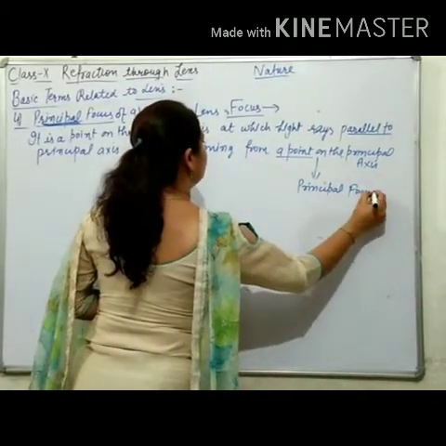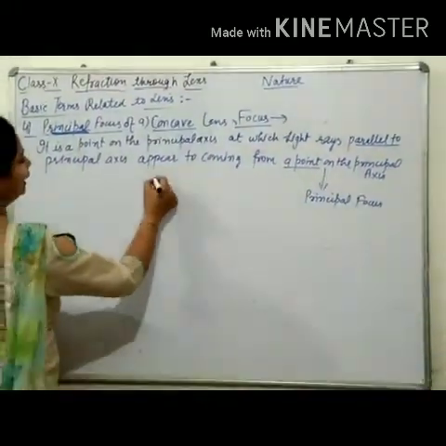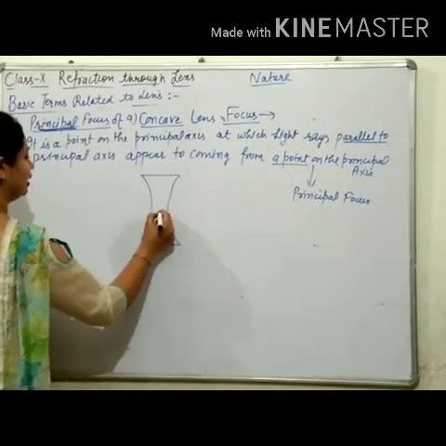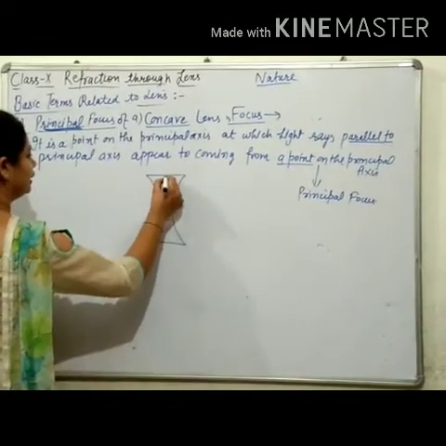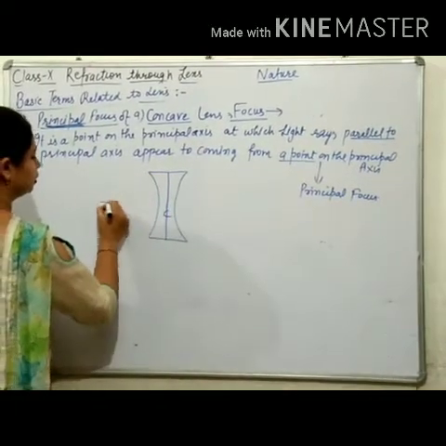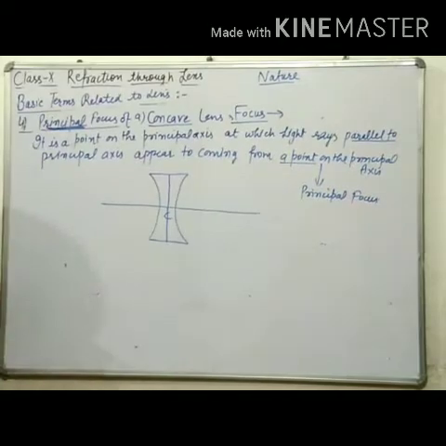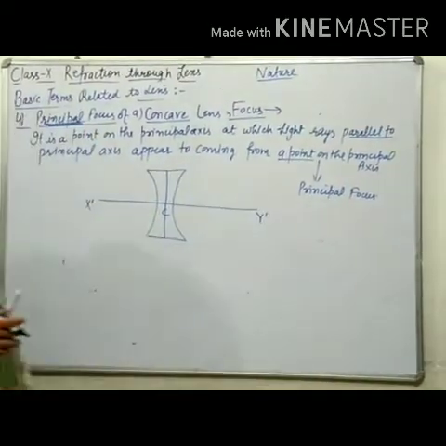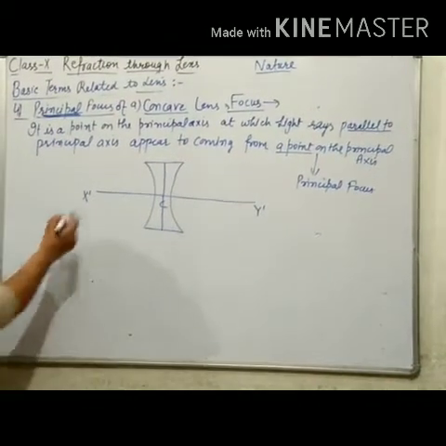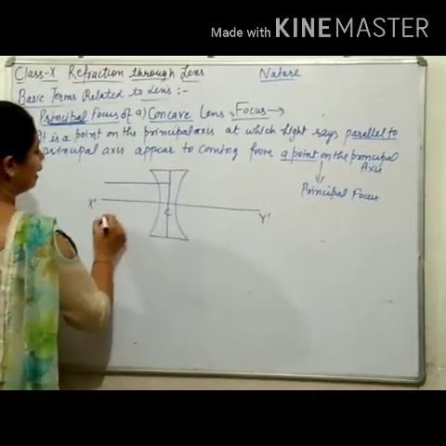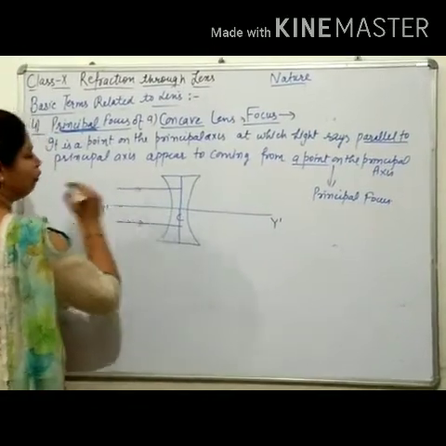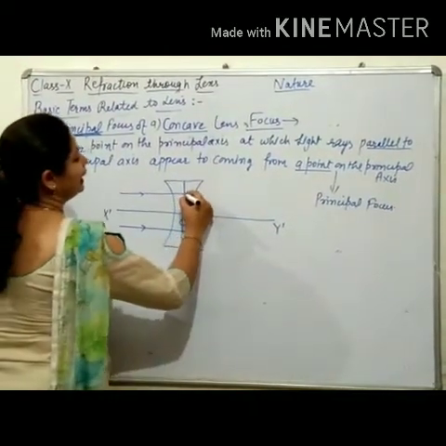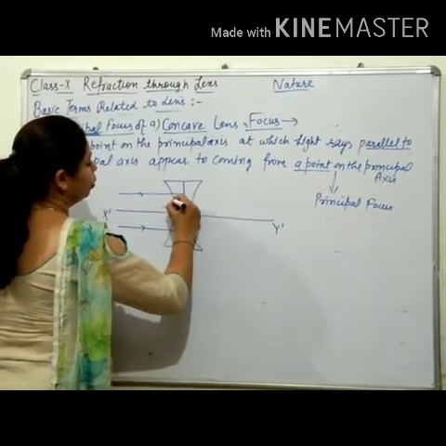So how can you understand the principal focus in the case of a concave lens? This one is our concave lens, this is the optical center, aperture, and that is the principal axis, represented by X dash and Y dash. Rays which were parallel to the principal axis before refraction, when they pass through the concave lens, appear to come from a point.